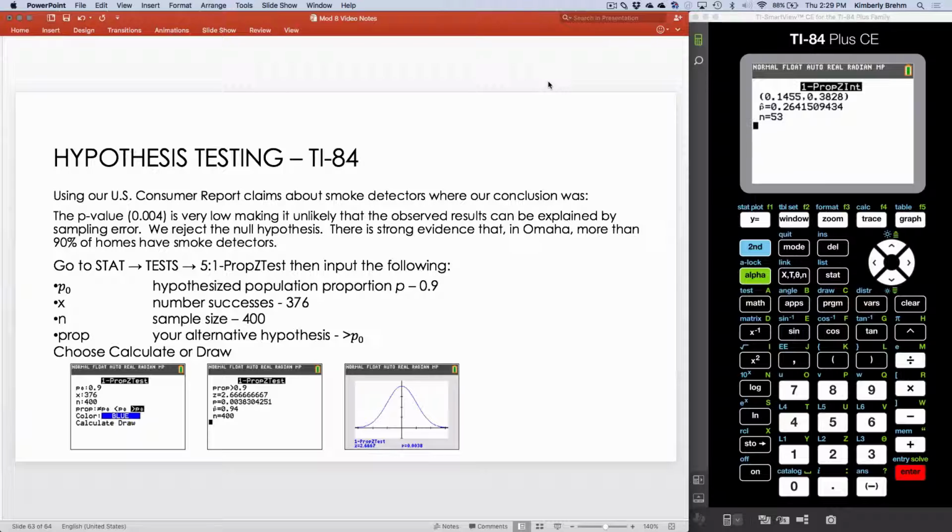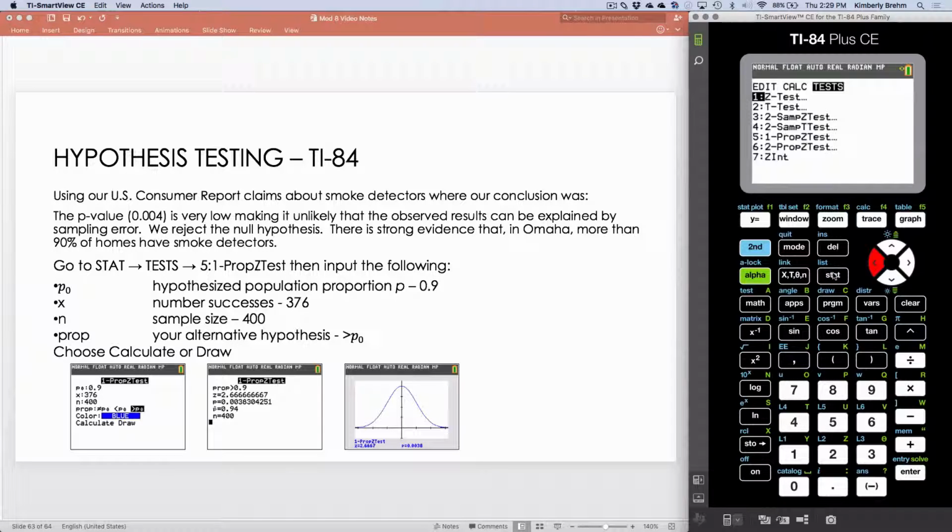Now if we're doing hypothesis testing, again the process is very similar. We're going to test our US Consumer Report claim. We're going to go to Stat and test just as we did before. Now before we arrowed all the way down to A, which was the 1 prop Z interval. I want now the 1 prop Z test, which is right here, so I can either arrow down to 5 or I could just click 5 on the keypad.